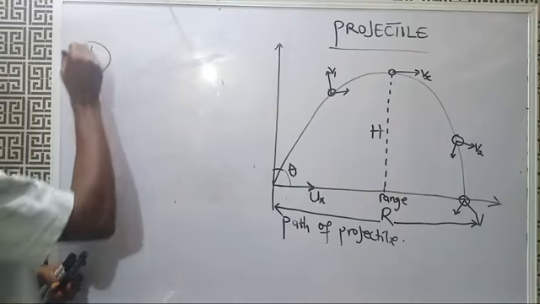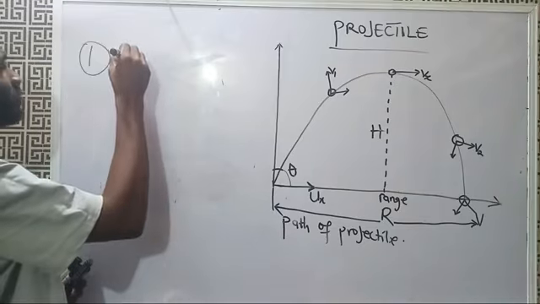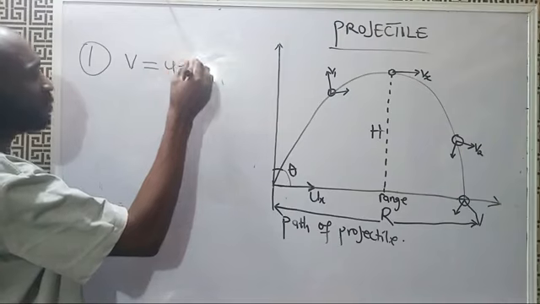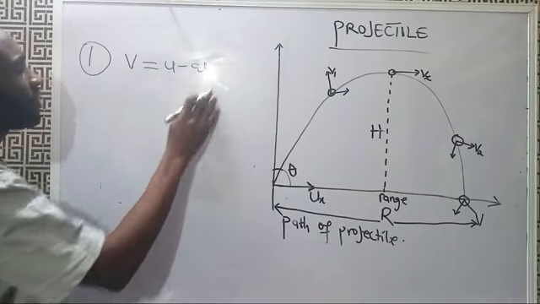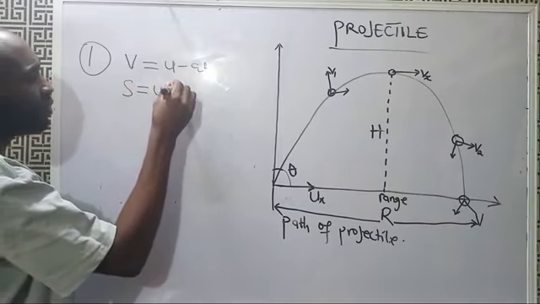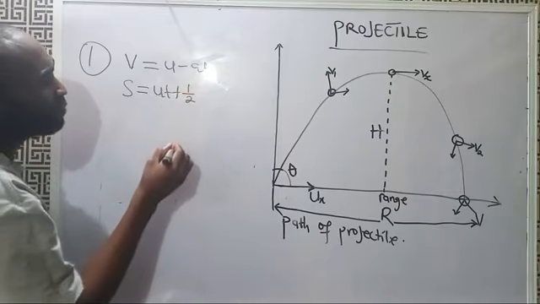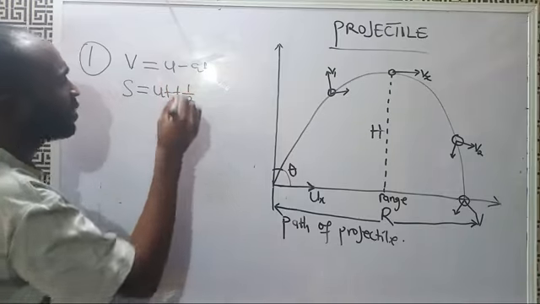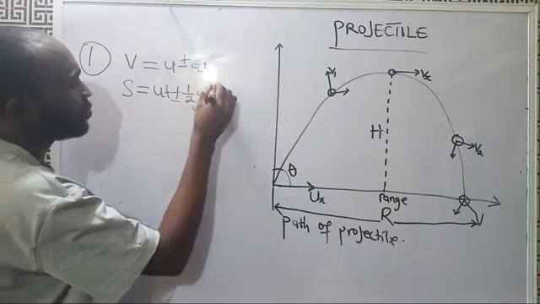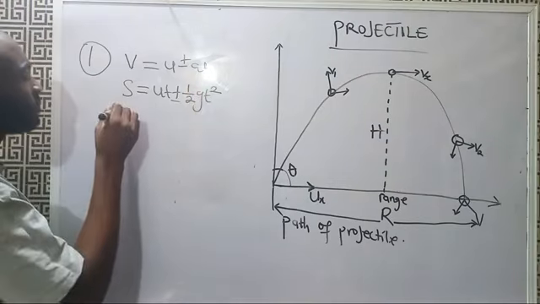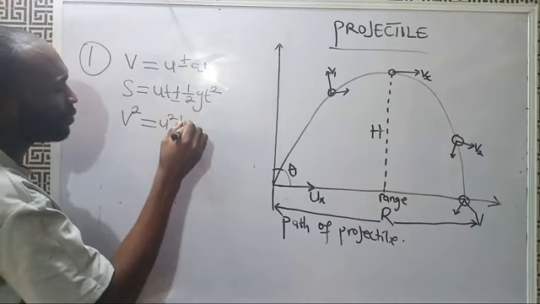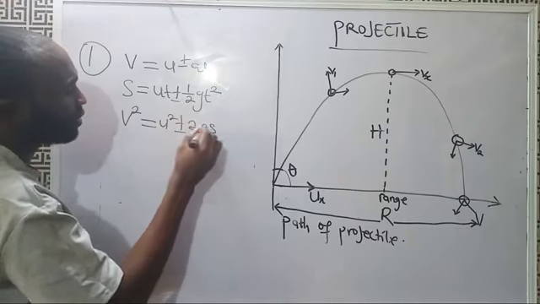The first equation of motion states that v = u - at. The second one is s = ut plus or minus 1/2 at squared. Then the third one is v squared = u squared plus or minus 2as.